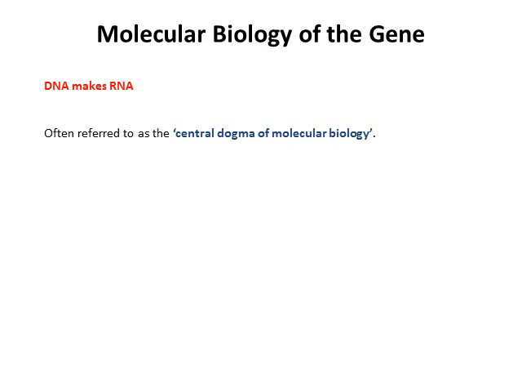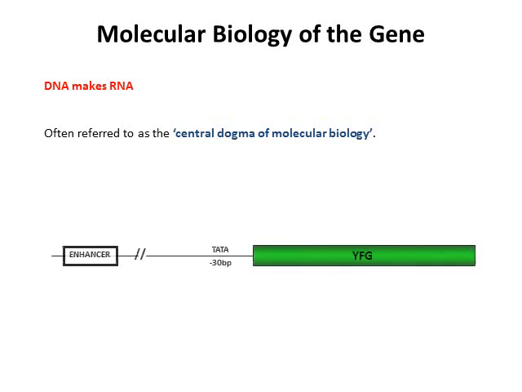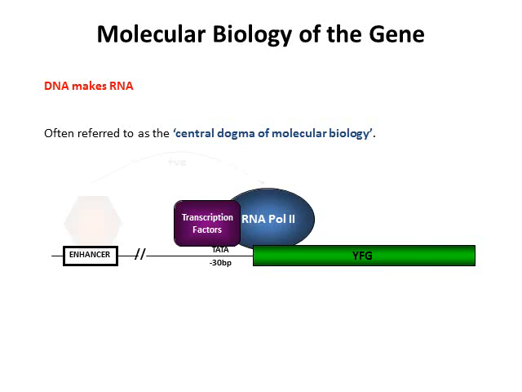So I mentioned the central dogma of molecular biology during the introduction. The central dogma of molecular biology is that DNA makes RNA and RNA makes protein. We showed this cartoon already. Transcription factors bind to the promoter region of a gene and recruit RNA polymerase 2.